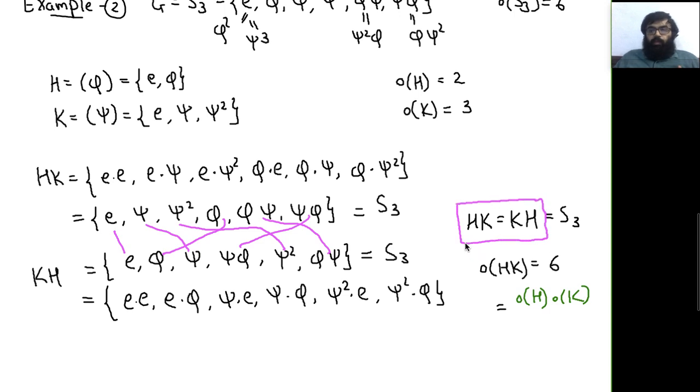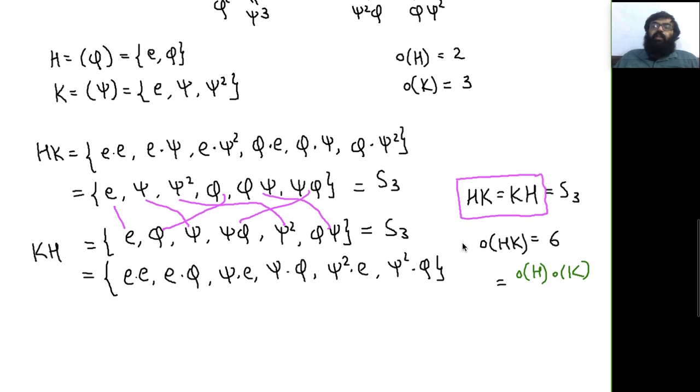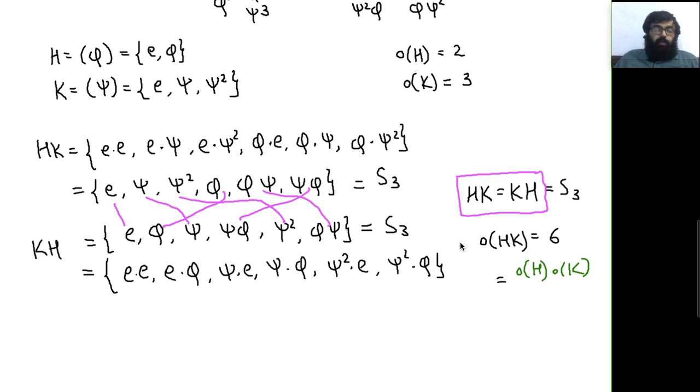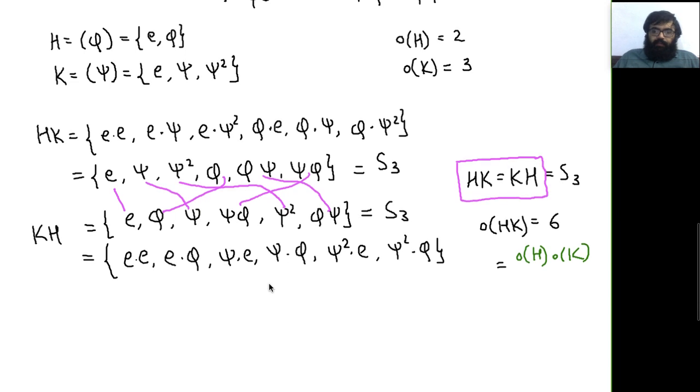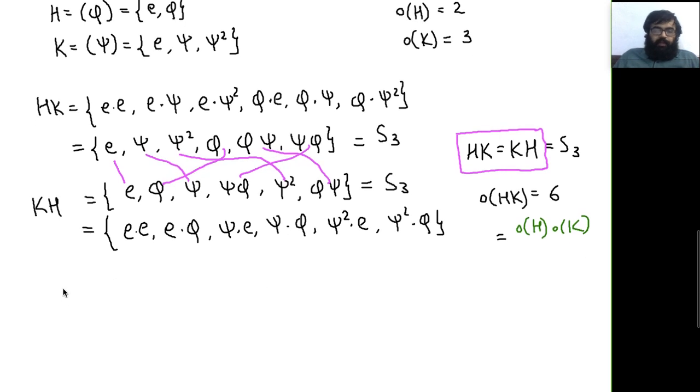One thing I want you to observe here: even though HK equals KH, it does not mean that the elements commute. That is why I have considered this example, to remove this confusion. So remark, this is just for understanding, not for writing.